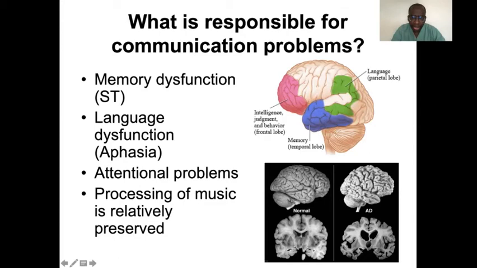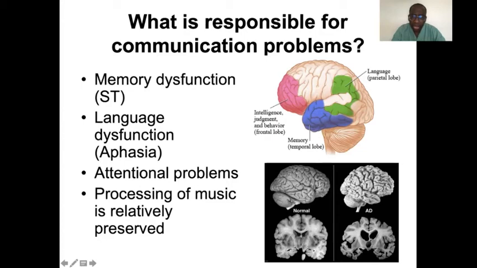But in addition to memory, as we go further back in the temporal lobe, we start to have areas responsible for language, and these language areas in the temporal lobe also extend into the parietal lobe in the brain. These language centers in the parietal lobe and those in the temporal lobe, which is shown in green, become affected in Alzheimer's disease.